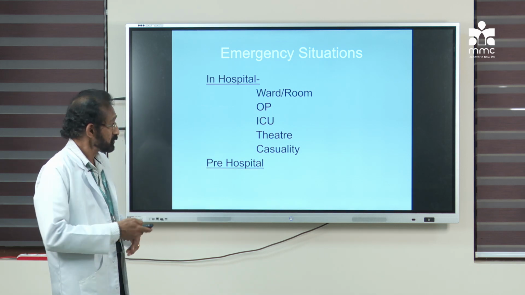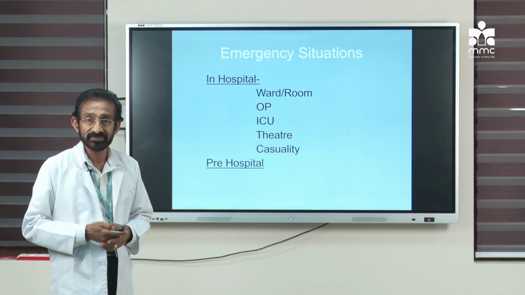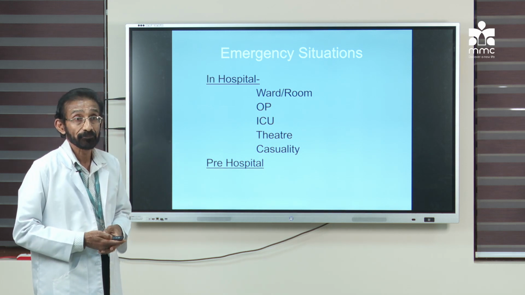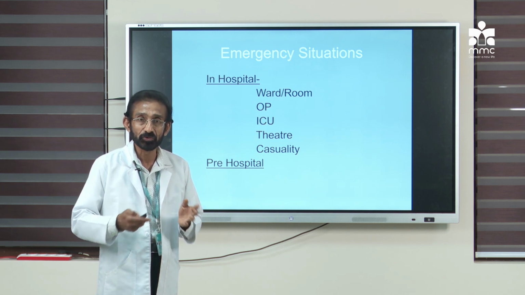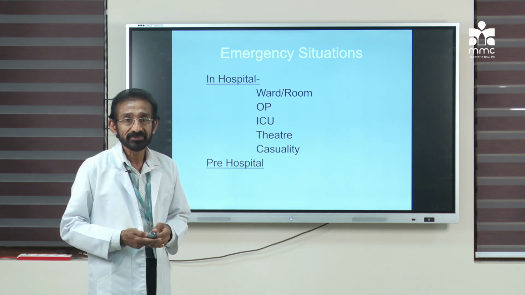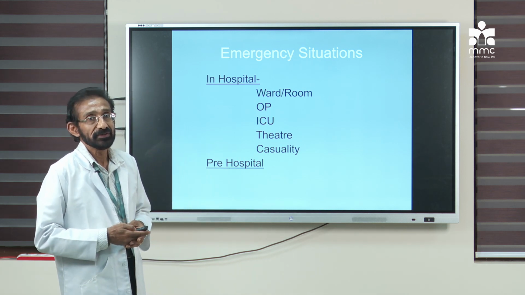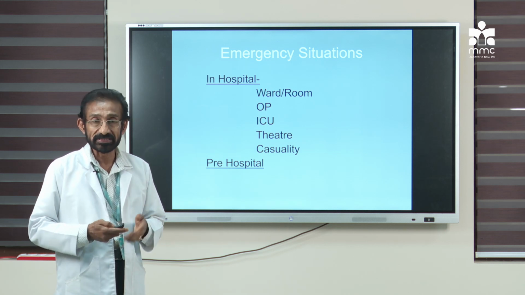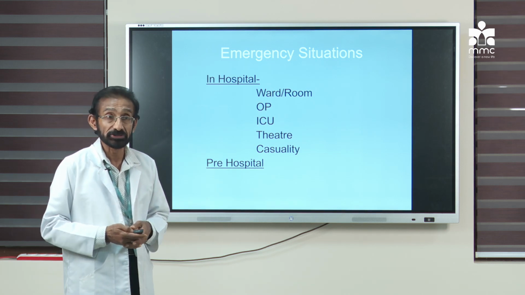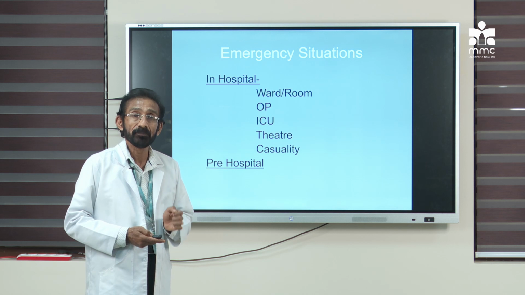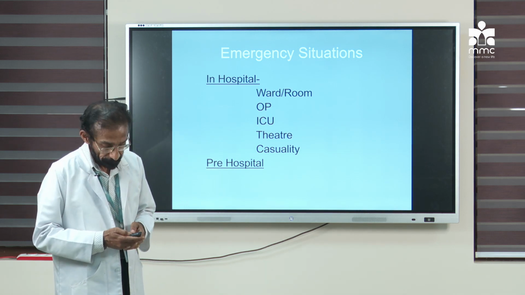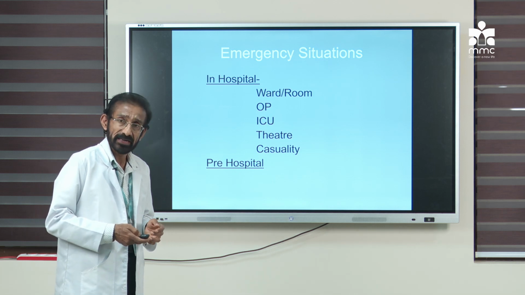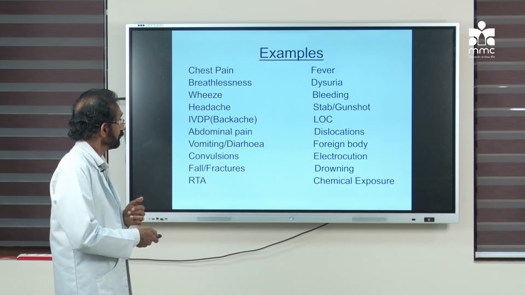This emergency can also occur in the operation theatre. It can occur in the casualty, or an apparently normal person who is doing his routine jobs outside develops an acute cardiac or respiratory or neurological illness which leads to an emergency situation, which is called a pre-hospital or out-of-hospital emergency catastrophe. So, these are the situations that we are likely to come across in our life.